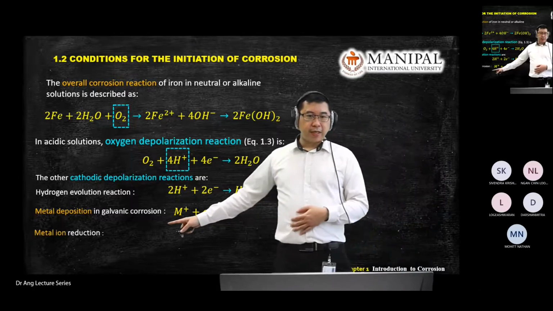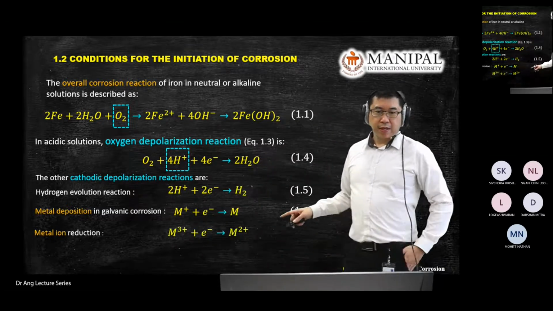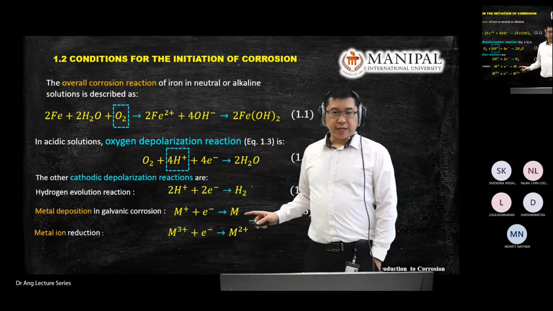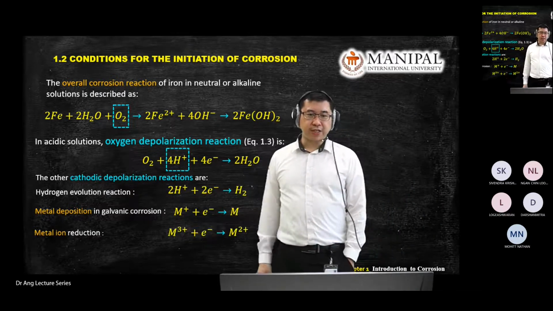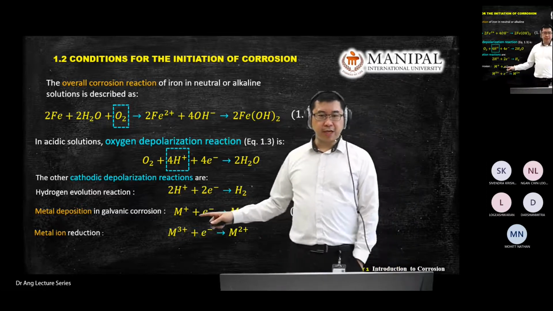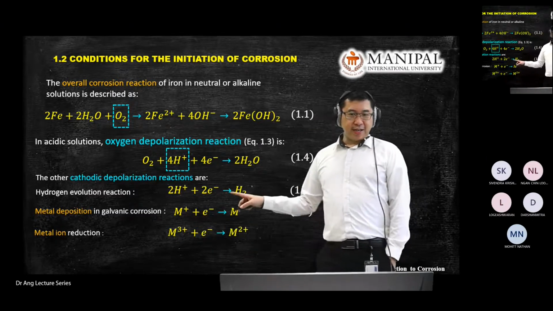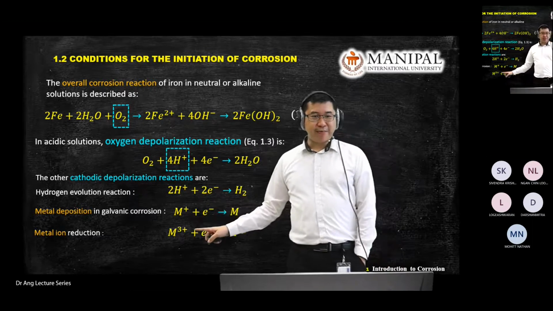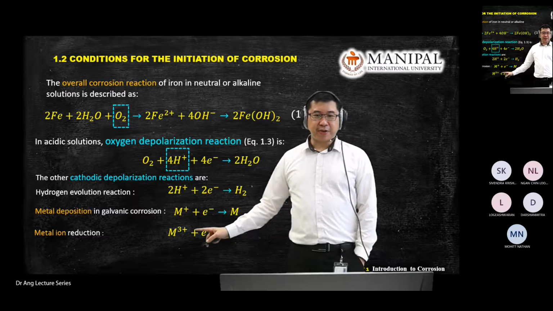What happens if you have metal ion reduction? Again, if we have a metal element with 3 positive charges, for example aluminum, we have a 3 plus ion. If you don't understand why I say aluminum has 3 plus, go and check the periodic table.